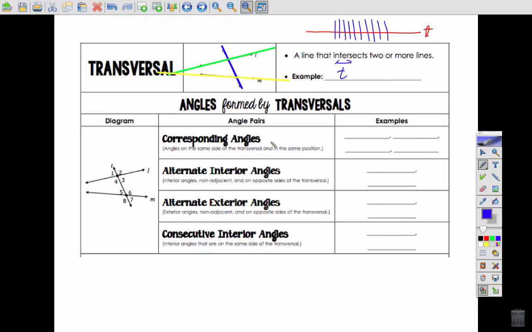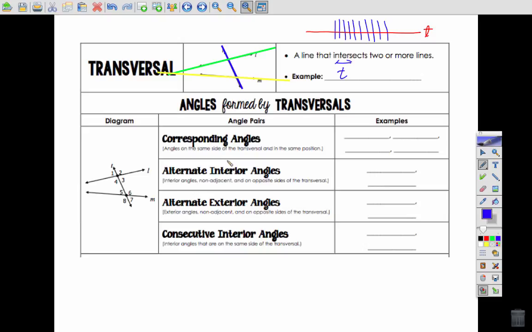It creates these four groups of angles. Again, a transversal is simply the line that intersects with two or more lines. So once I have a transversal, it creates four groups of angles.